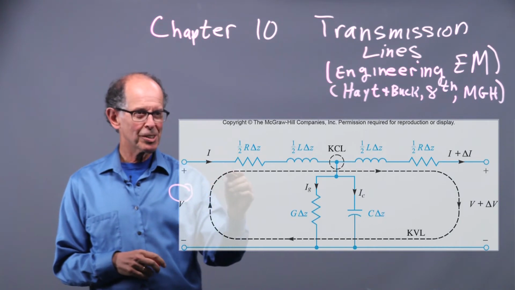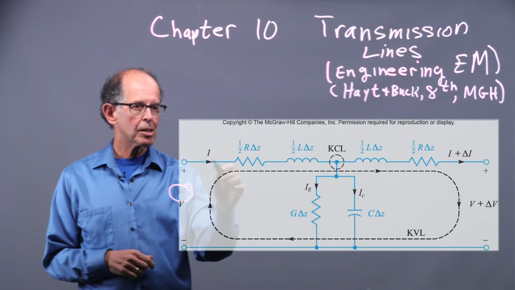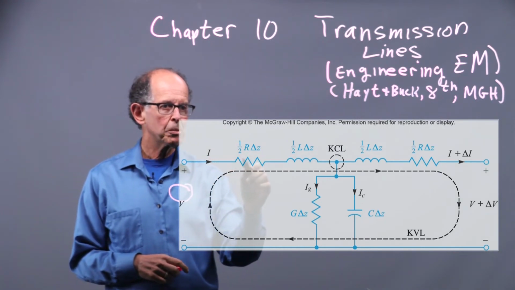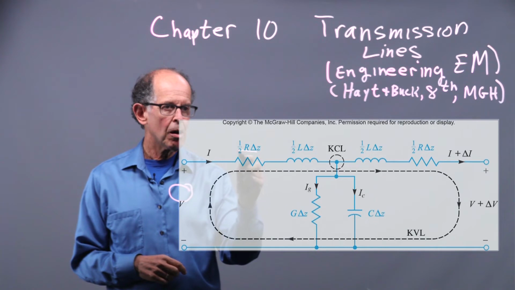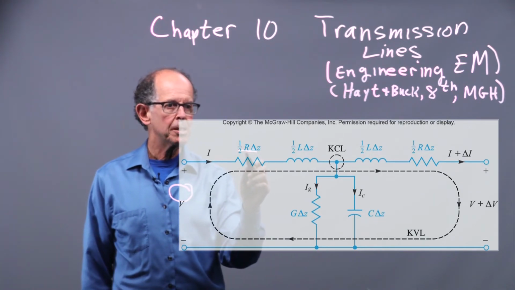I didn't quite circle it, but that's okay. And you can see that that launches a current, and we model the line in the way described where we have a little resistance per unit length.